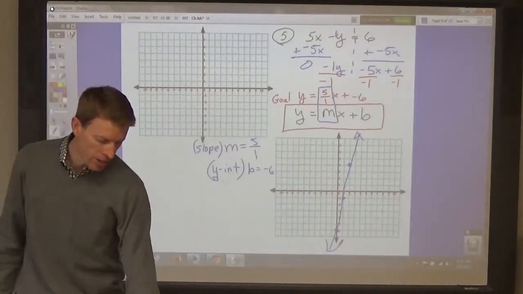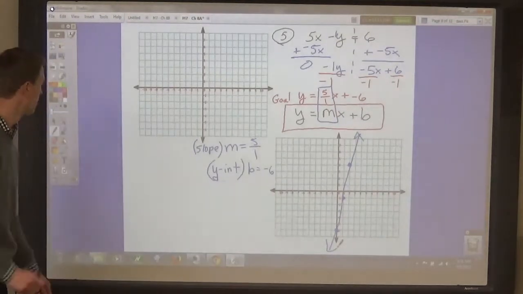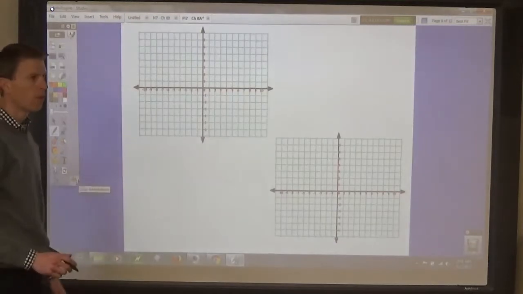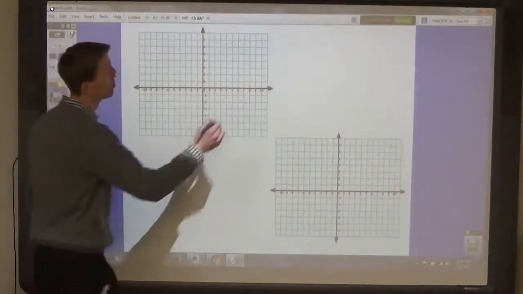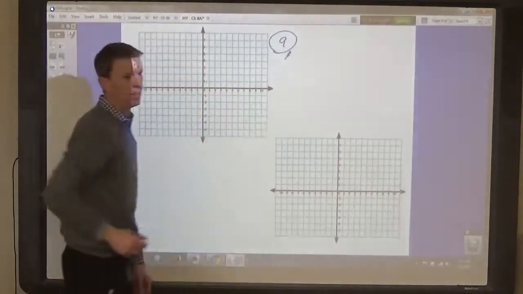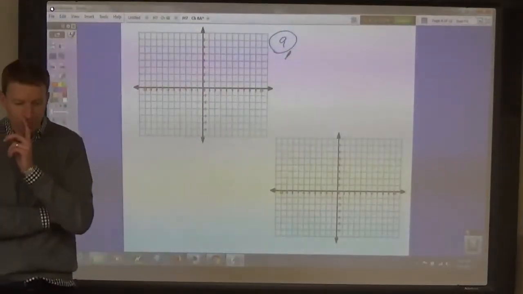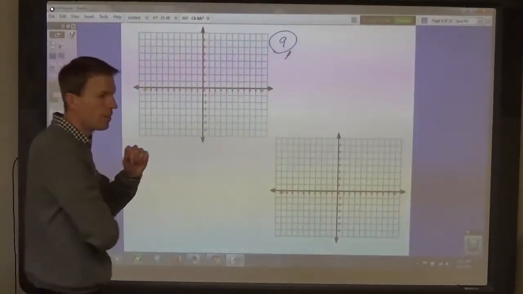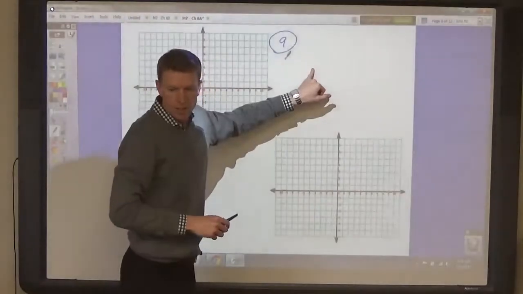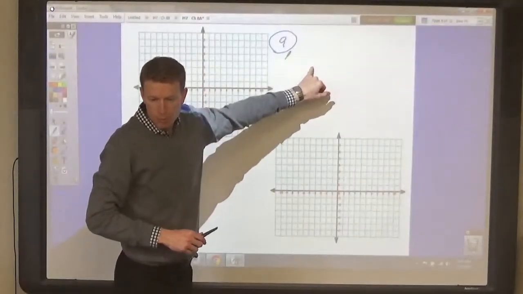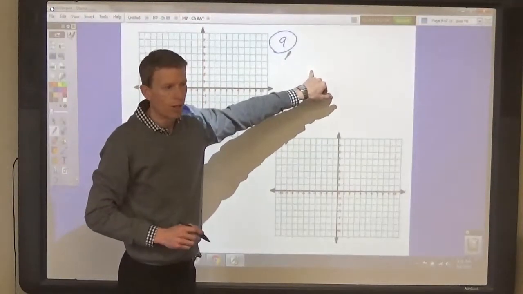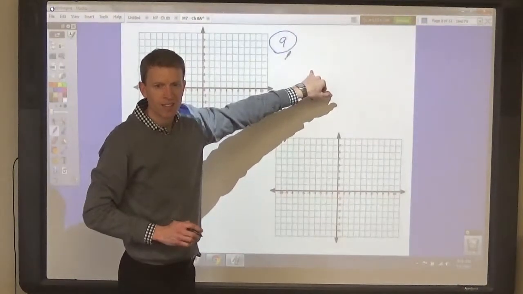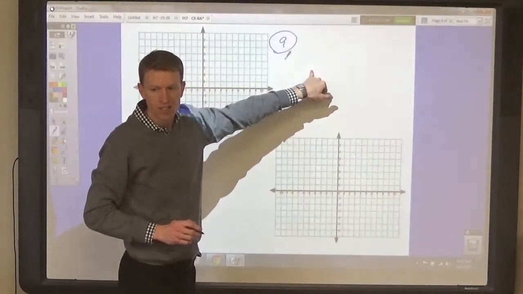Let's graph number 9 together. Quiet, please. That one's already in y equals mx plus b form, isn't it? What is the equation? Carson?